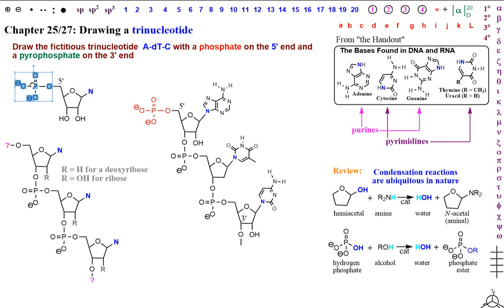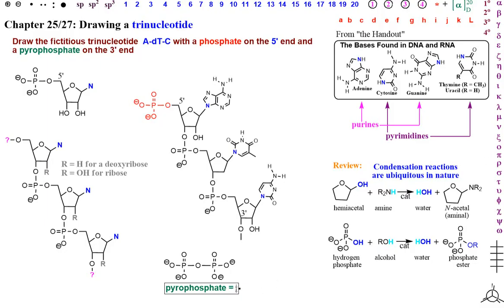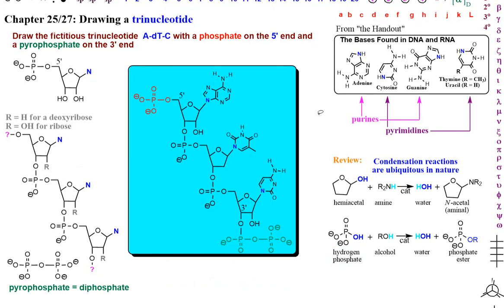So we got one right here. And I'll put another one right beside it. Pyrophosphate is also called diphosphate, and we need to link it up where it belongs. So I'm going to connect this O, one of these on the end, and I will make it happen. And there you have it.